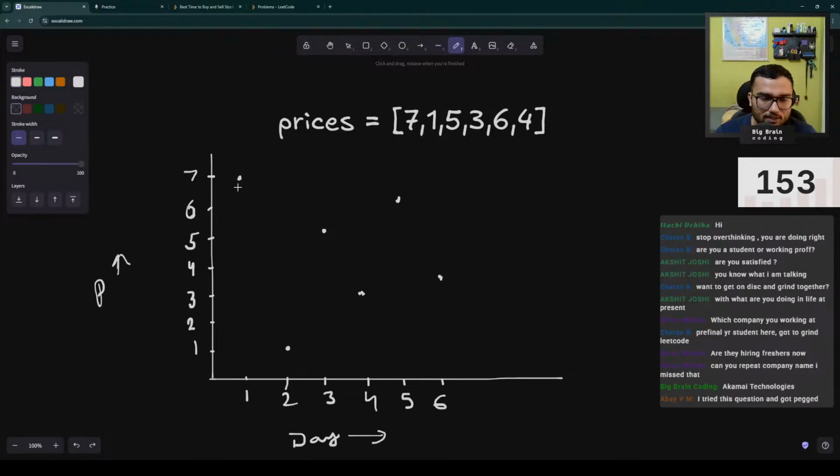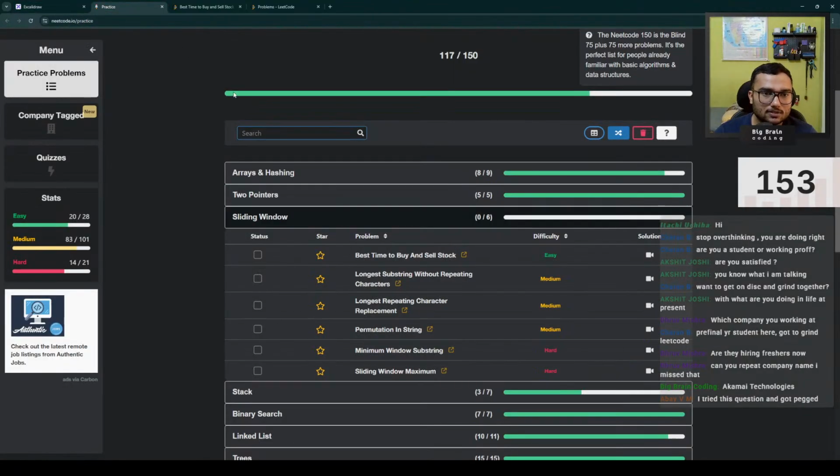So if I buy at 7, I'm minus 7 in the bank. Then I have 1. I can't make a profit. Then I buy at 1. I hate these questions. I hate sliding window.